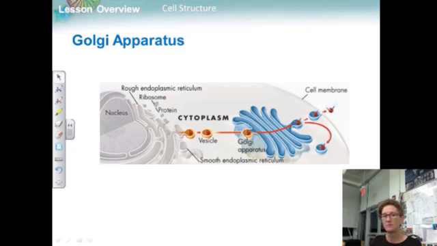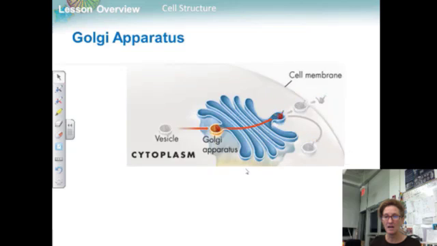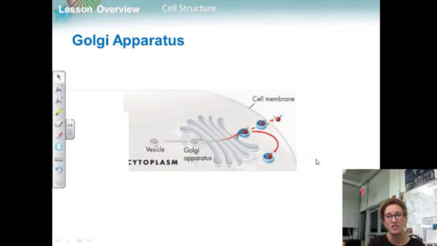The Golgi apparatus will then modify, sort, and package the proteins and other materials from the ER for storage in the cell or release outside the cell. It's something like a customization shop where the finishing touches are put on proteins before they're ready to leave the factory. So again, the Golgi apparatus, then proteins are shipped to their final destination inside or outside the cell. It can be pushed out or used inside the cell.